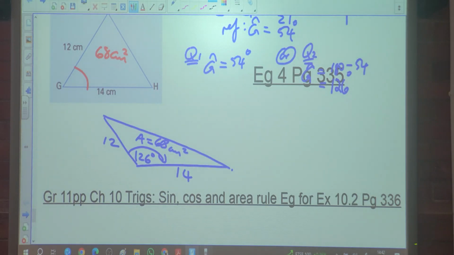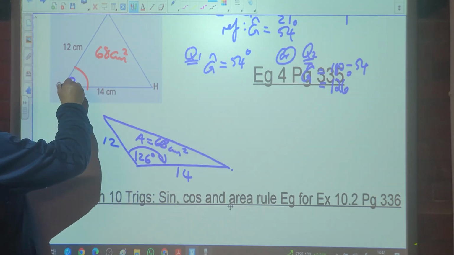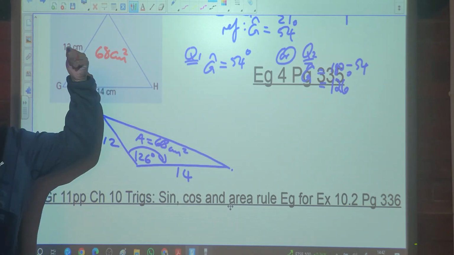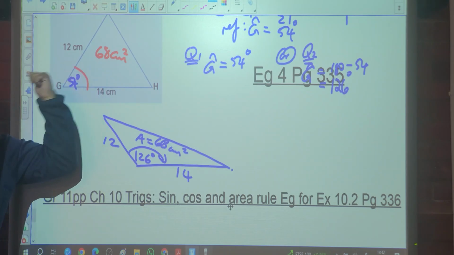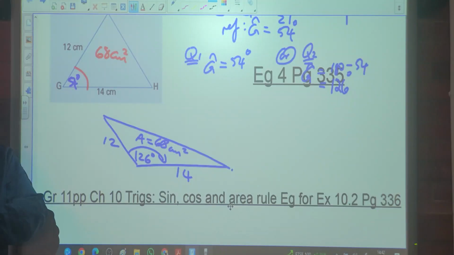The answer I was looking for earlier was that the angle could be acute or obtuse. You guys understand?